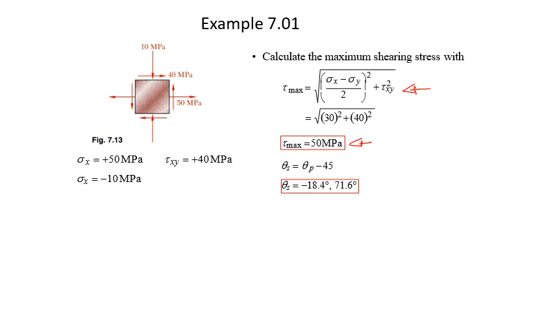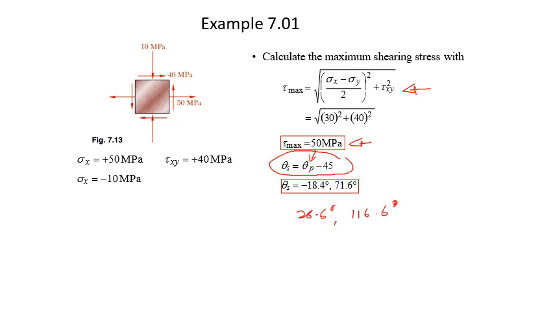Again, you have two angles. You can use the equation given earlier, or you just use this simple relationship. We know that the maximum shear stress plane is always 45 degrees apart from the principal plane. That's the principal plane angle. Remember, you have 26.6 for the first angle and 116.6 for the second angle, right?